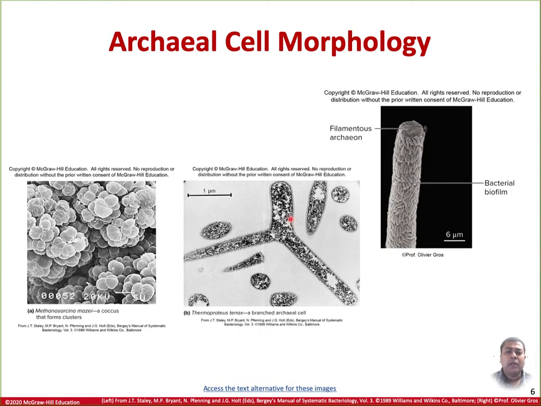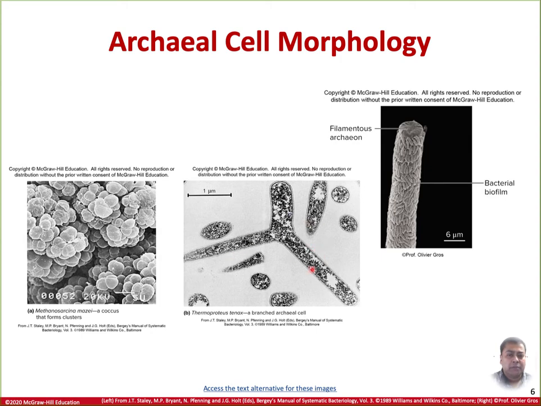On the left, you are looking at Methanosarcina mazei, a coccus forming clusters, as viewed by a scanning electron microscope. On the right, you are seeing a transmission electron micrograph of Thermoproteus tenax, a branched archaeal cell.